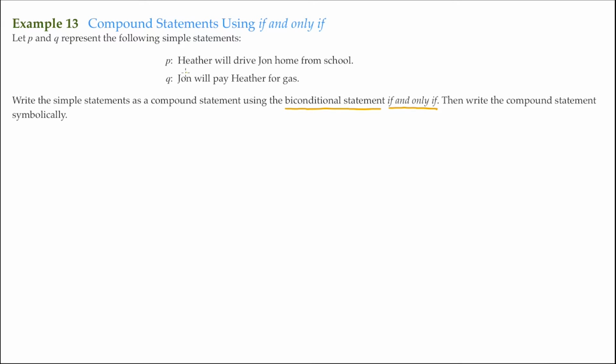So we're going to write this as an if and only if of these two simple statements. We have this simple statement P, and of course this other simple statement Q. So we're going to write it as an if and only if statement. So we have Heather will drive John home from school.